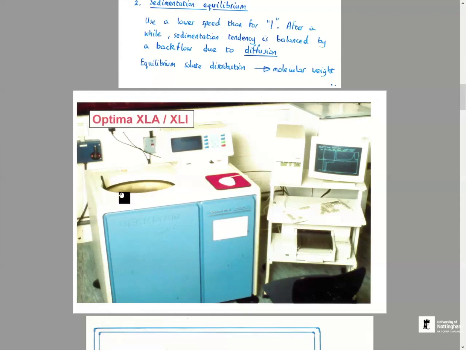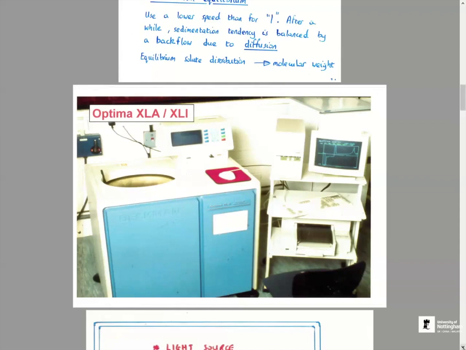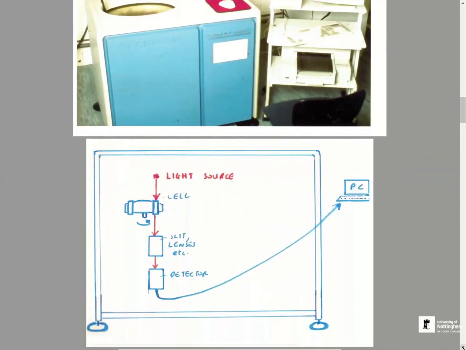So you put your sample in what's called a special rotor. In fact, you probably see this better here. If you take the front off the instrument, then you'll see something like this. So you've got the rotor, which contains these tubes or cells.